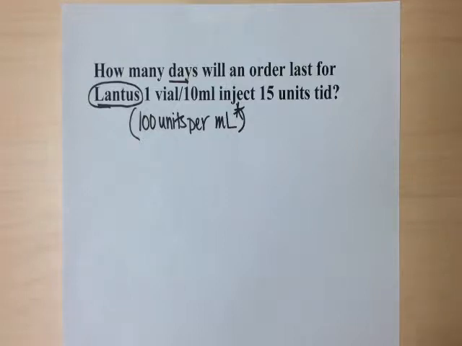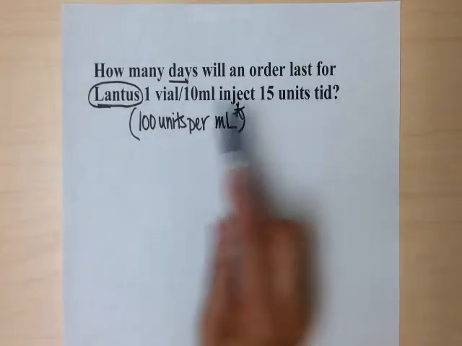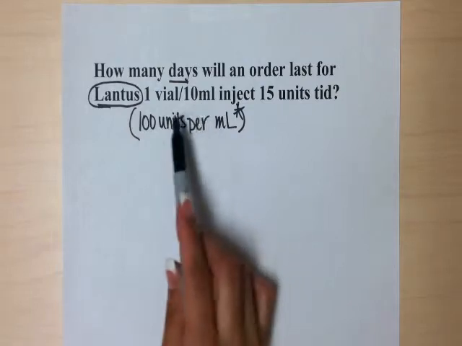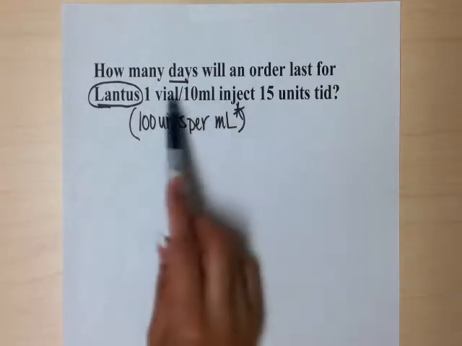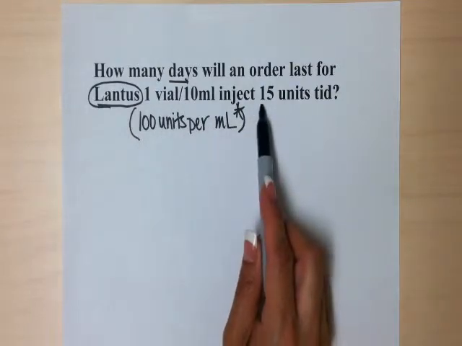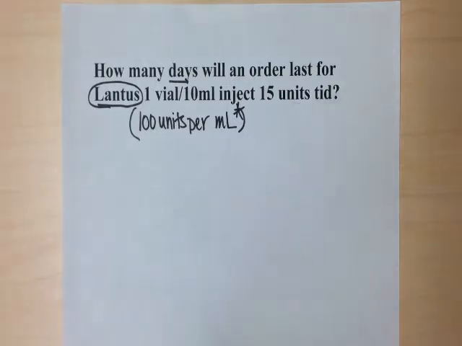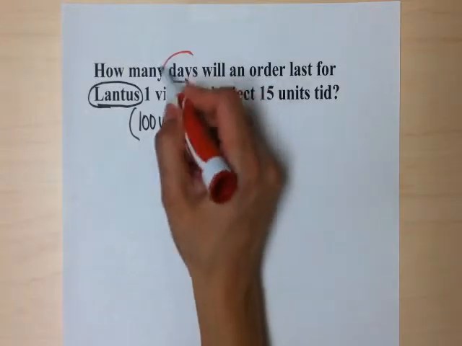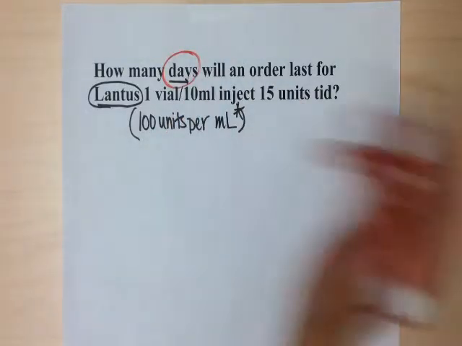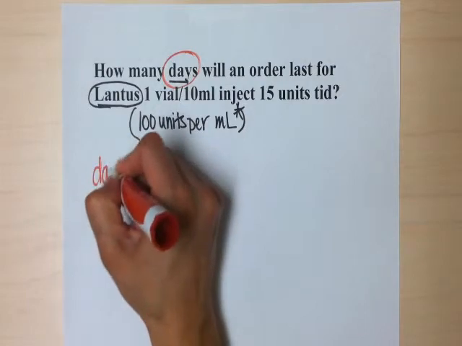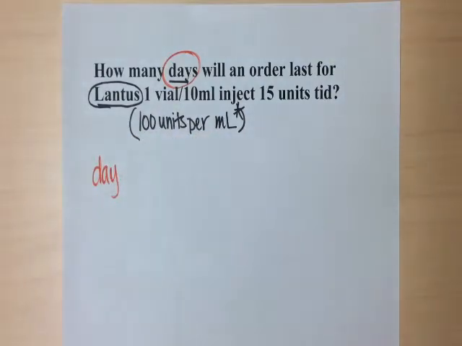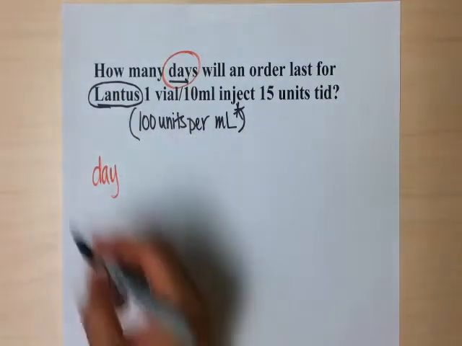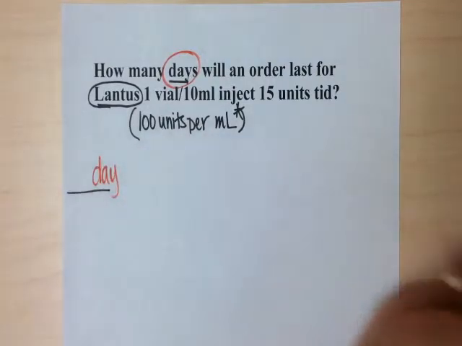So let's start. How many days will an order last for Lantus if we're given 1 vial and the patient's using 15 units TID? Like all my other questions, I ask you, what are they asking us? We're looking for number of days. So we will start our equation with day. Now what do we know about a day?